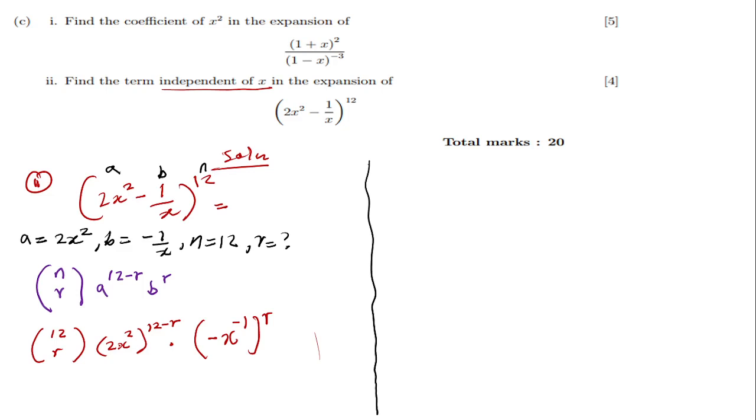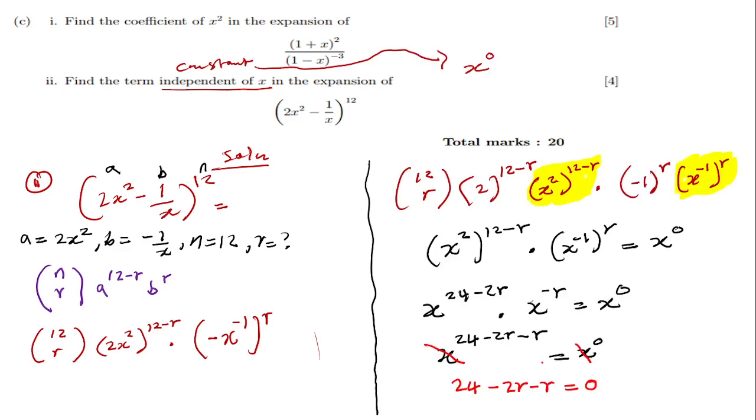With that being done, you can easily get rid of the x there. Then you're going to have 24 minus 2r minus r is equal to 0. So when you say negative 2r minus r, the answer is negative 3r.